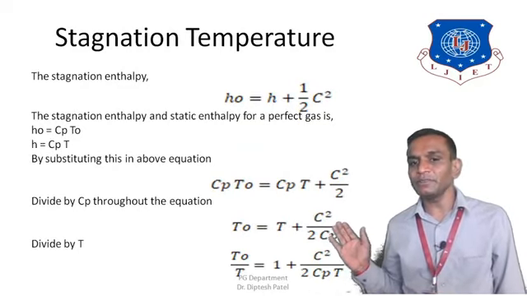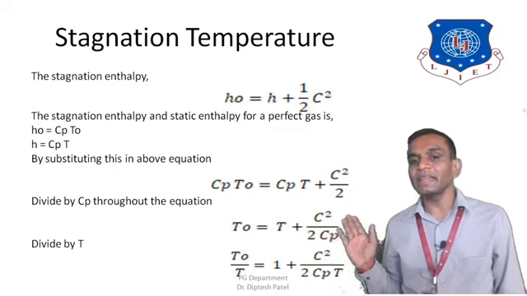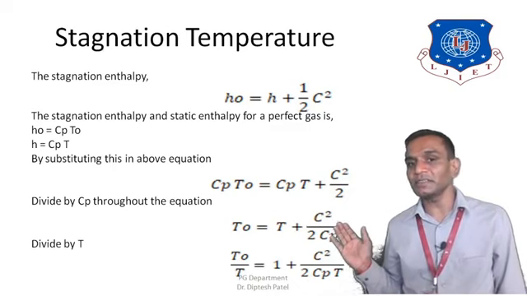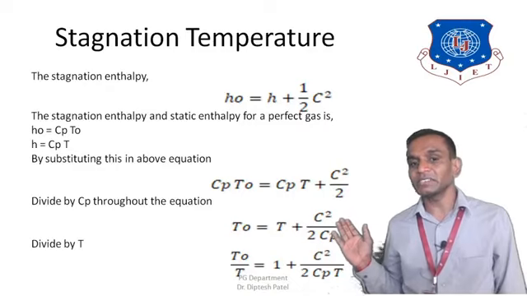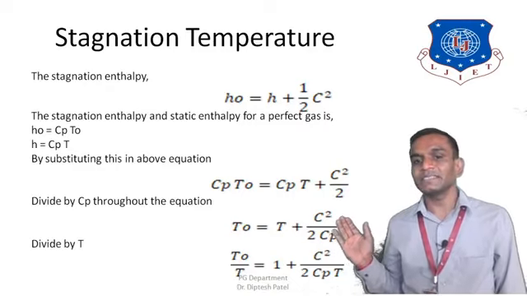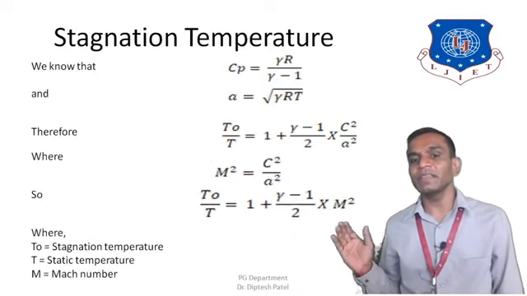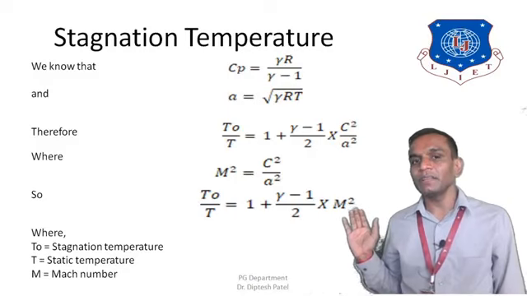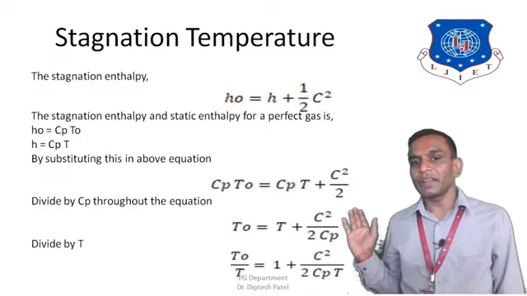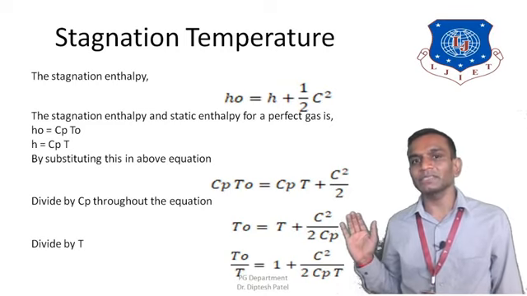Now, let us put these values of Cp and a in this equation for the ratio of stagnation temperature to static temperature. If you replace Cp, the equation becomes T0 divided by T is equal to 1 plus C square divided by 2 gamma RT divided by gamma minus 1.